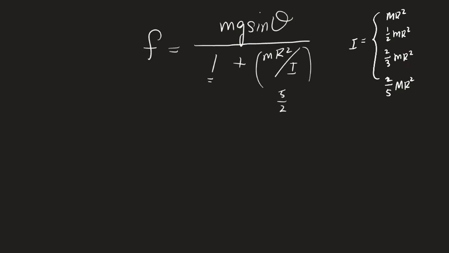Now, that means the denominator gets bigger when the object is easier to turn. What does that do to friction then? It gets smaller, right? If the denominator is getting bigger, my whole value is getting smaller.